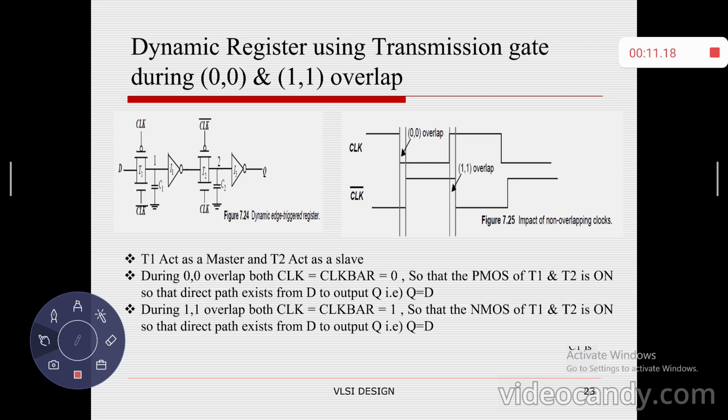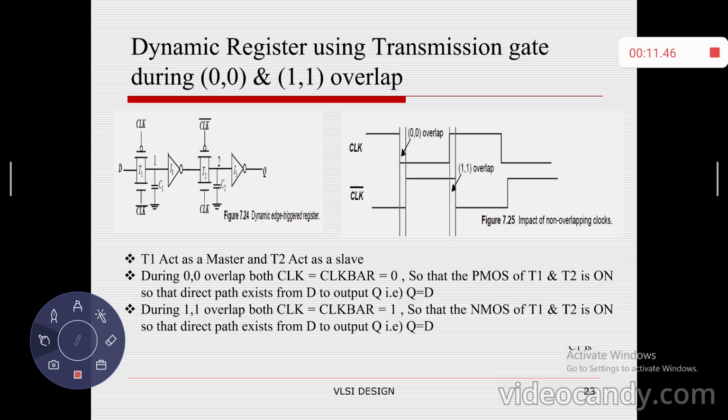Since clock and clock bar are both 0, the PMOS of the T1 transistor and the PMOS of the T2 transistor will both be active, and both NMOS transistors of T1 and T2 will be deactivated. So since the PMOS transistors of T1 and T2 are connected, a direct path will exist from D to Q. This is a major drawback in dynamic registers.